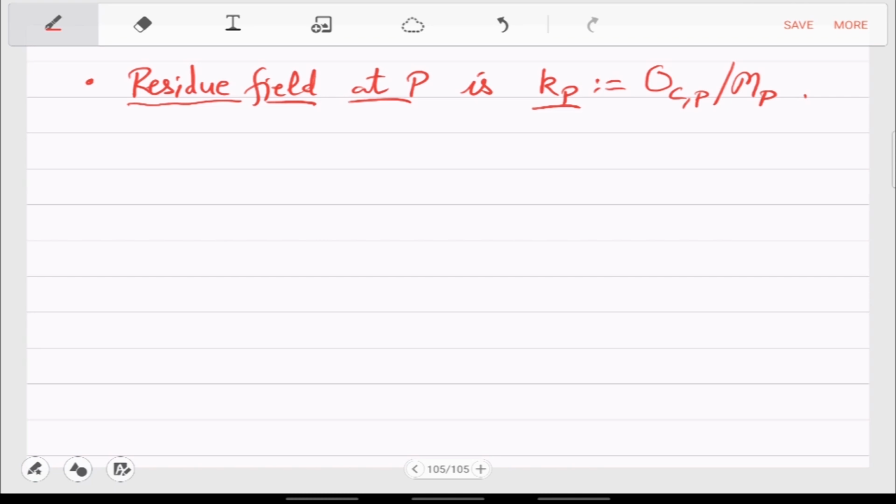If you want to go to an algebraic extension, you will stay in small k because it's algebraically closed. But here, since now our small k is a finite field, this thing may be bigger. Okay, there is no reason why it will be equal to small k. So it may be bigger.